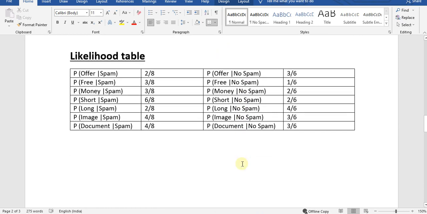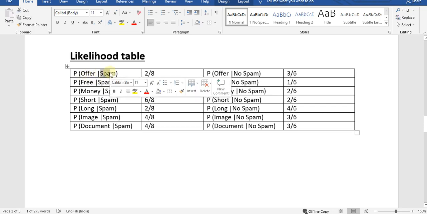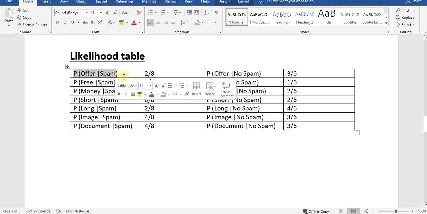In the likelihood table, you can understand that the target value is the event A. Now this event A can have 2 possible values, either spam or no spam. So what I am doing is trying to find the value of P of offer given spam, meaning when the mail is spam, what is the probability of the event offer, meaning the value of the content feature is offer.